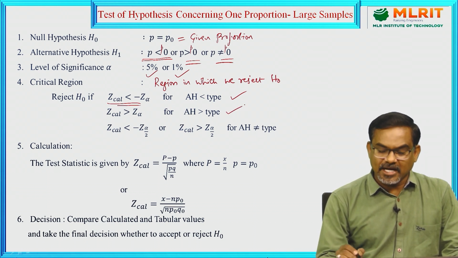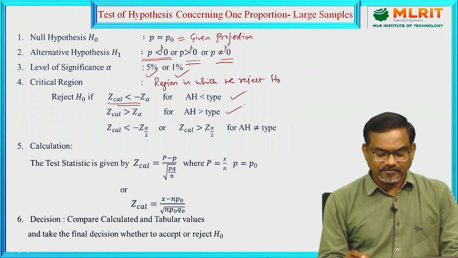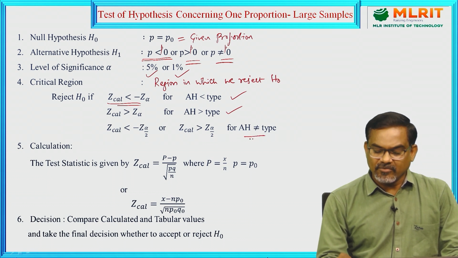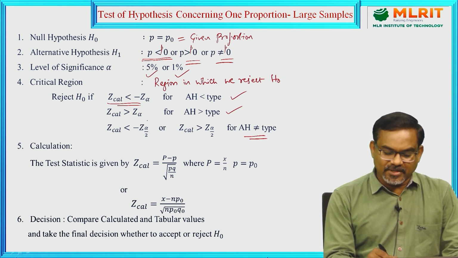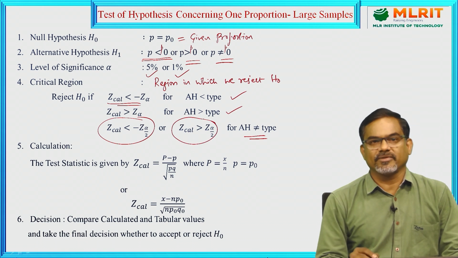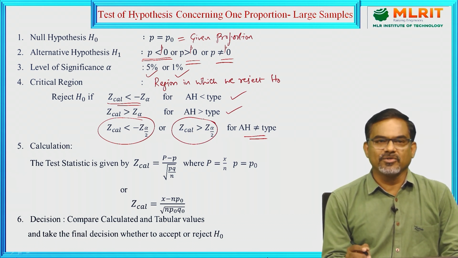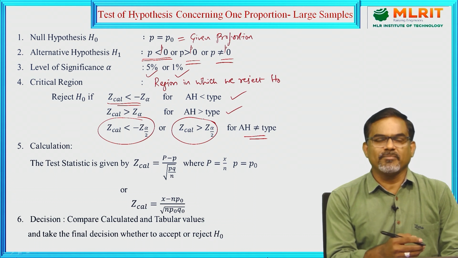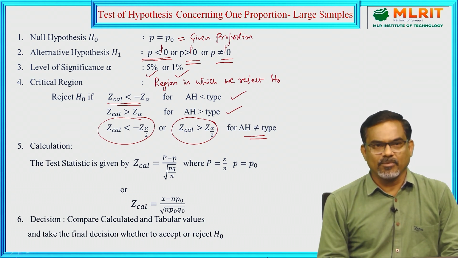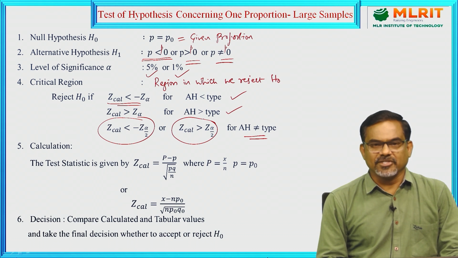If it is greater than type, reject the null hypothesis if the calculated value is more than the tabular value. And in not equal to type, if the calculated value is negative, compare with the negative condition, and if positive, compare with the positive condition. These conditions are the same as we used in the case of one mean and two means for large sample problems.